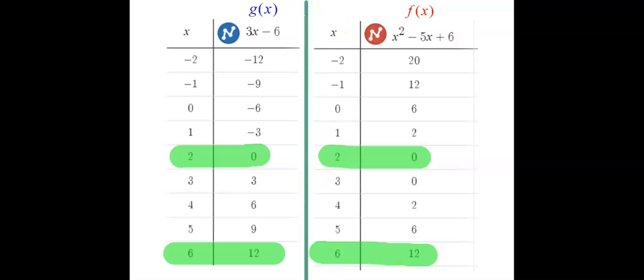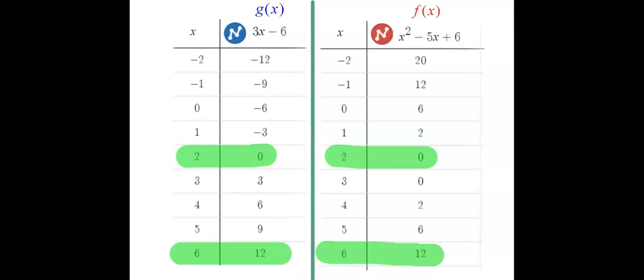All right, so we have the table on the left-hand side of that line I just drew, and then the second table on the right-hand side. So if we put them next to each other and we match up the rows here, we can see that they both share those points, (2, 0) and (6, 12). This just looks a lot nicer, and now you can see that they match up like that. And all the other inputs and outputs are different, so they would not intersect at those points.